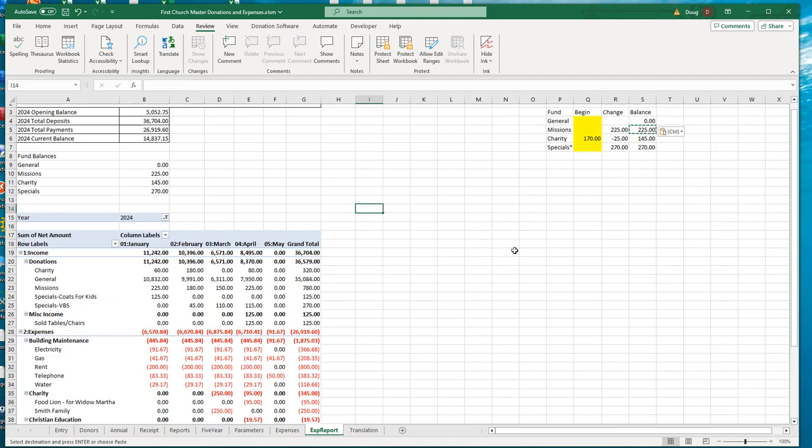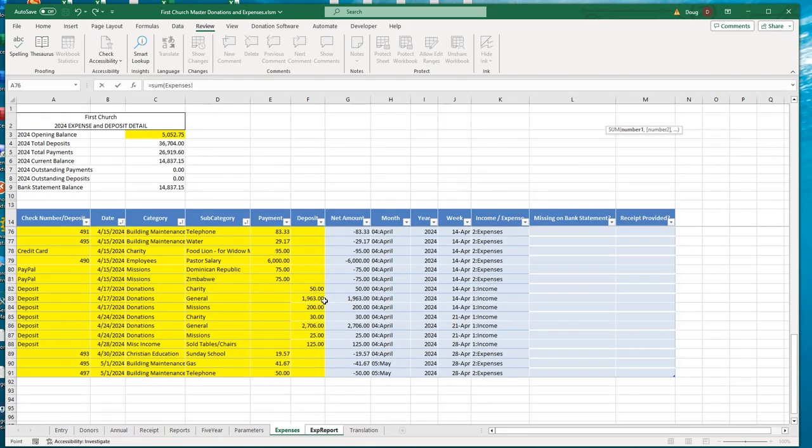Okay, so let's do what I just stated verbally. Let's do that mathematically. And the way we're going to do that is we're going to start with a formula to sum up every deposit, and from there we're going to subtract off every payment.